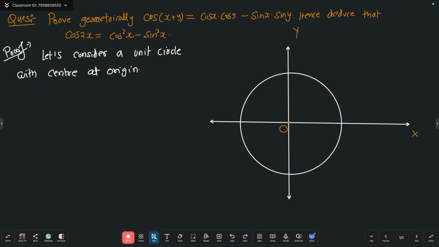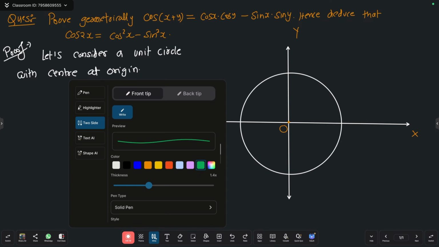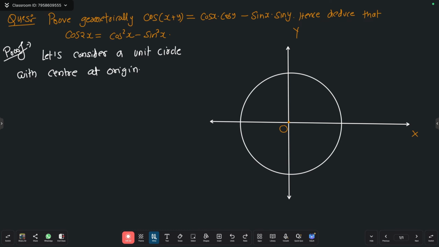After that, we will consider 4 points on the circle. Take 4 points on the circle. Suppose this is P1, the first point, this is P2, the second point, this is P3, the third point, and this is P4, the fourth point.